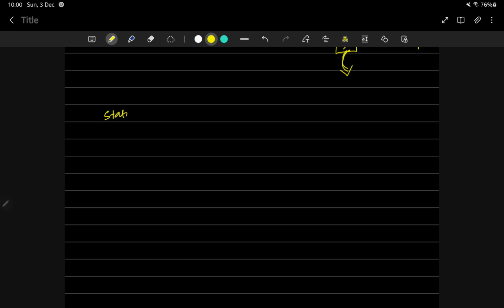static and dynamic. So let's start with very simple definitions. In a static environment, the environment remains unchanged while the agent is making decisions, or just thinking of moves, right? So there is no change in the environment during the decision making process.